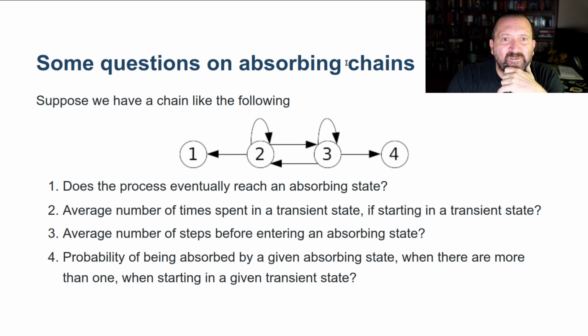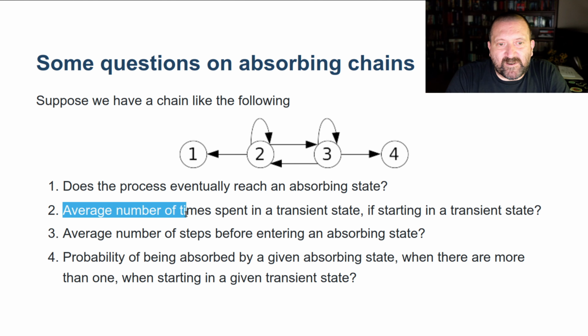Now, suppose you have an absorbing chain, something like this, caricaturing here, with 2 transient states and 2 absorbing states. There's a bunch of questions we can ask. The first one is, if the Markov chain is absorbing, do I eventually reach an absorbing state?